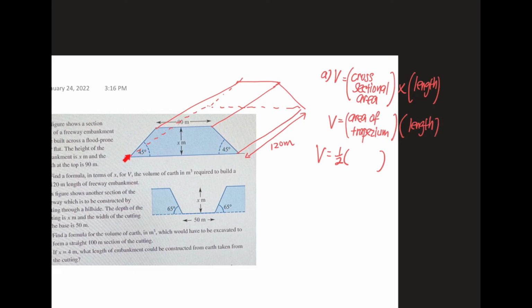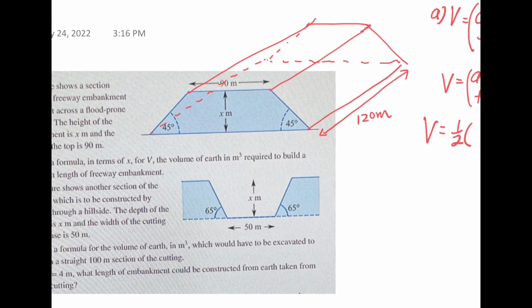Okay, so the problem is we have the 90 given, but we don't have the length at the bottom. We need to work it out first before we come back to this. So what I can do is add 2 vertical lines.